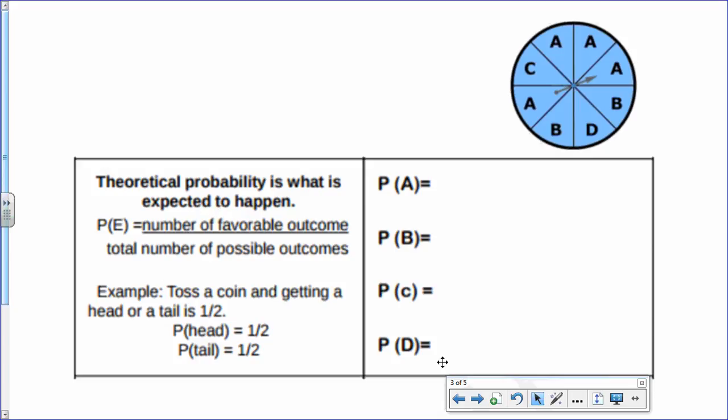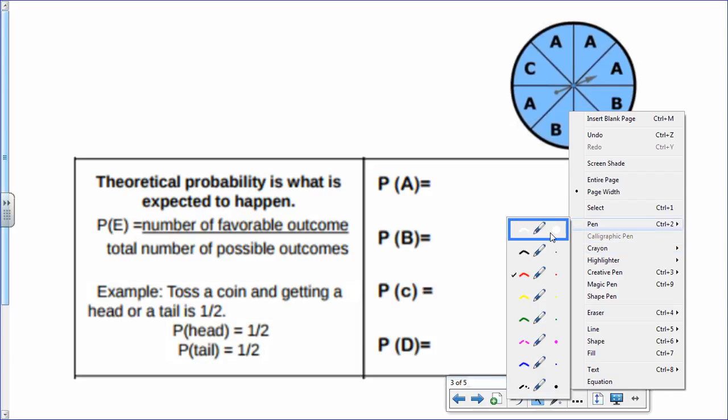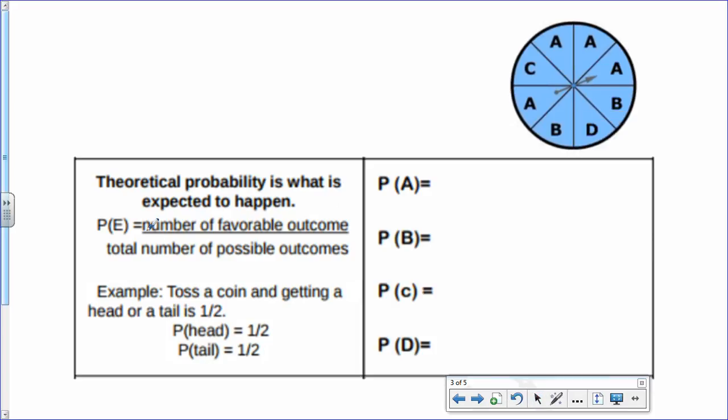To find it, we find the number of favorable outcomes over the total number of possible outcomes. And this P right here in front, all it does is stand for the probability, where the E is the event, like what we want to happen: getting an A on the spinner, getting a head on a coin, getting a 6 on a dice.